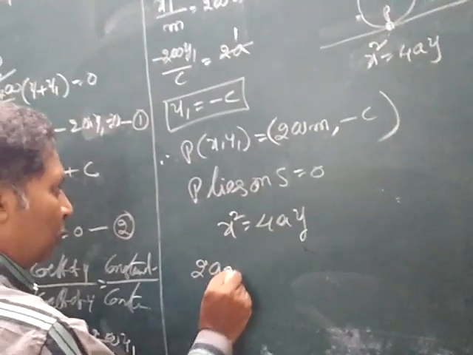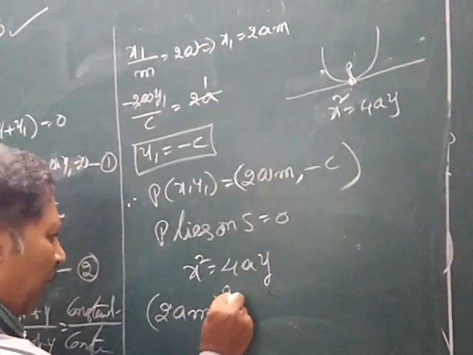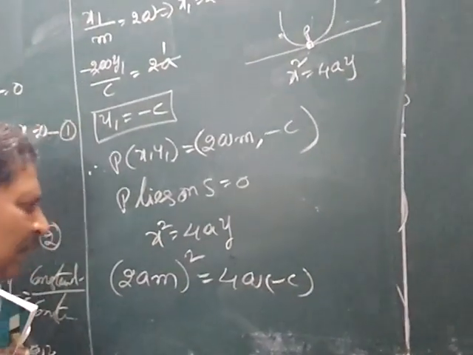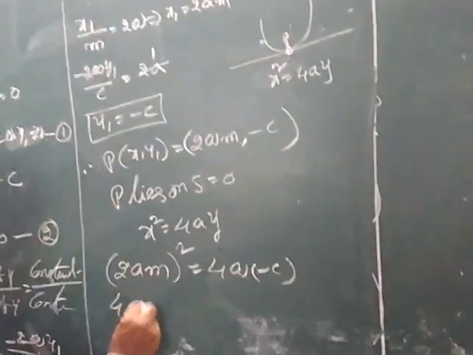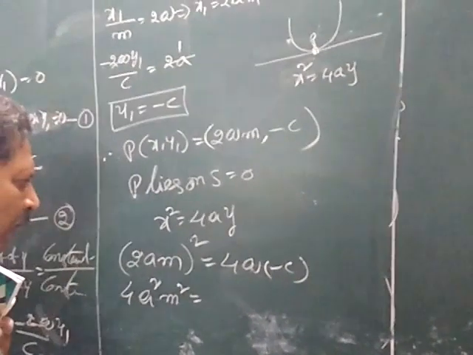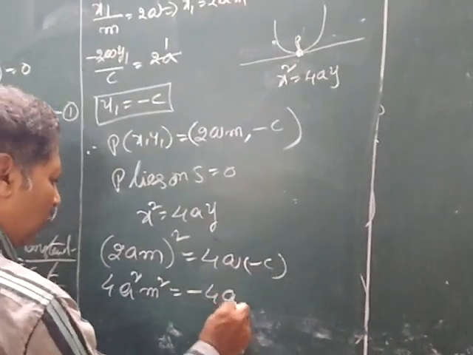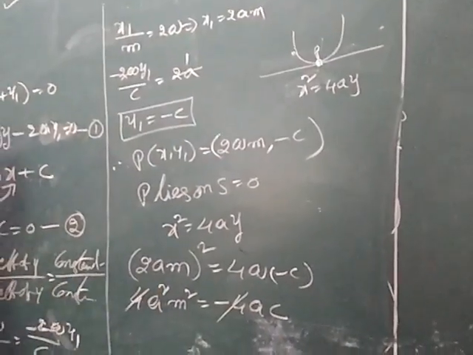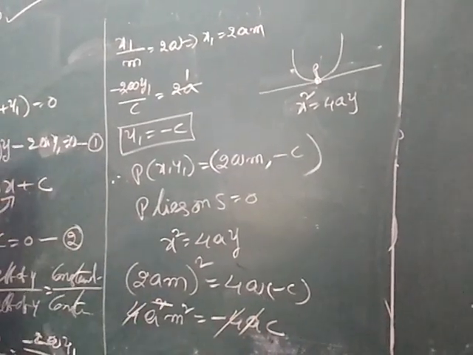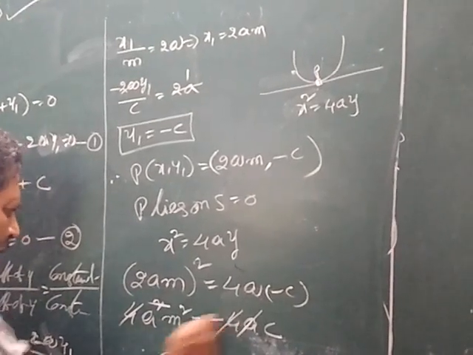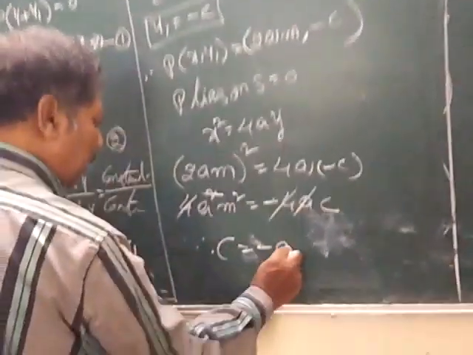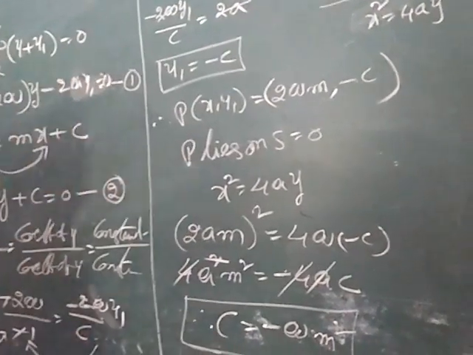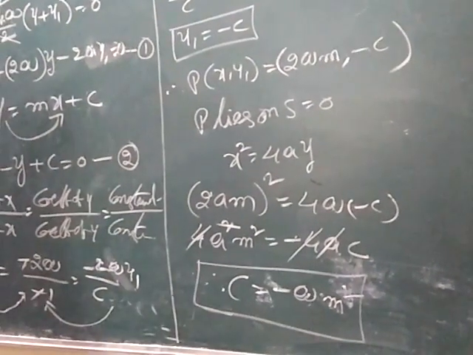X value 2am whole square equal to 4a, y value minus c. 4 a square m square equal to minus 4ac. 4 cancel, a cancel. Therefore, c equal to minus a m square.